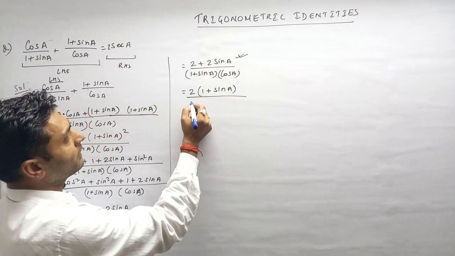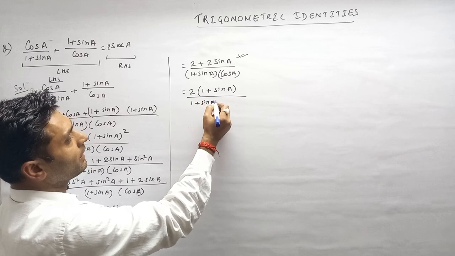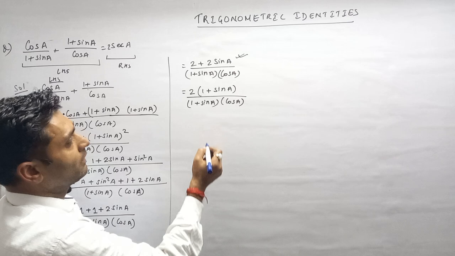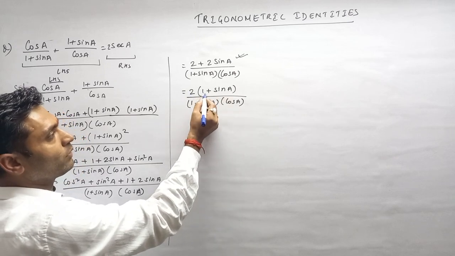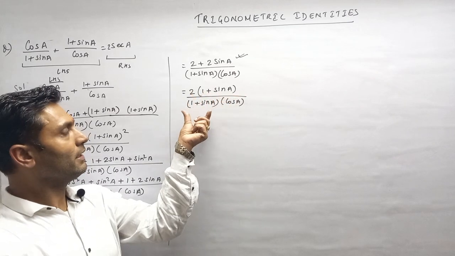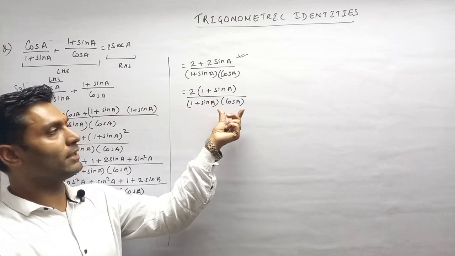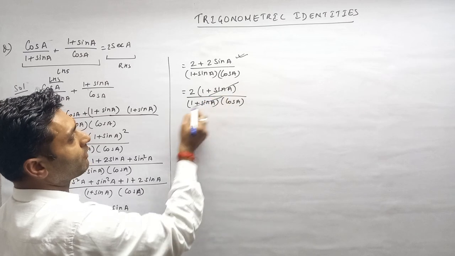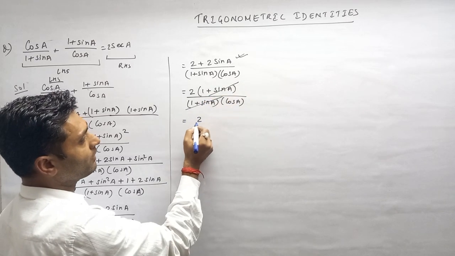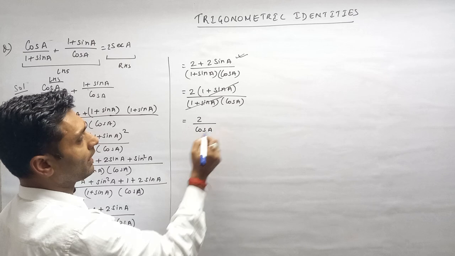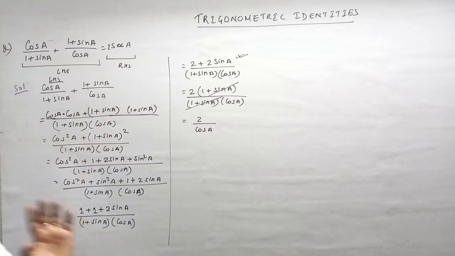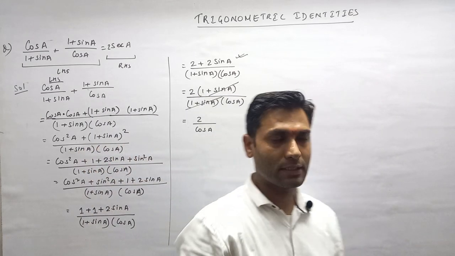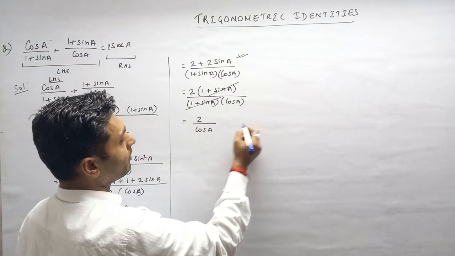Right? So now this becomes 1 plus sine A, the denominator again I am continuing as same, this is cos A. So now you see the numerator 2 into 1 plus sine A divided by 1 plus sine A into cos A. So we can divide this 1 plus sine A by 1 plus sine A. So what is left? 2 upon cos A. Right? If you remember the first class, I have told you what is the reciprocal of cos. Cos is equal to 1 upon sec.